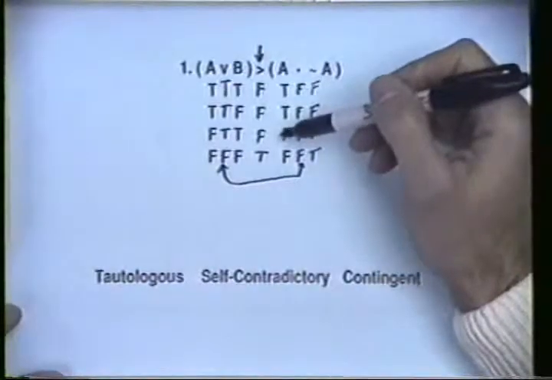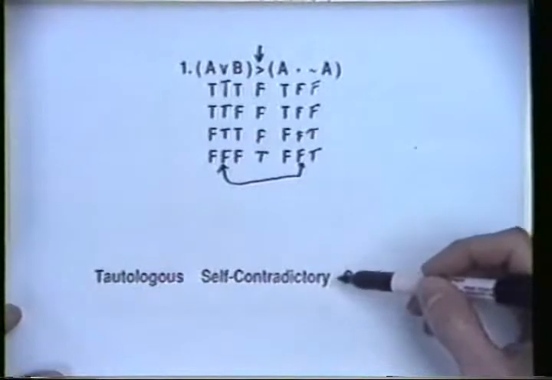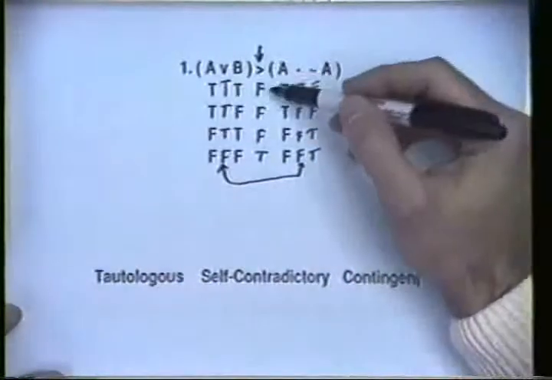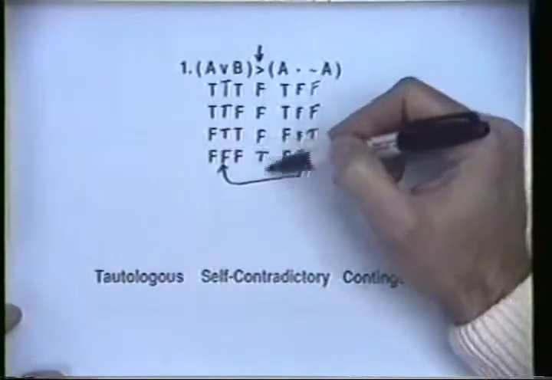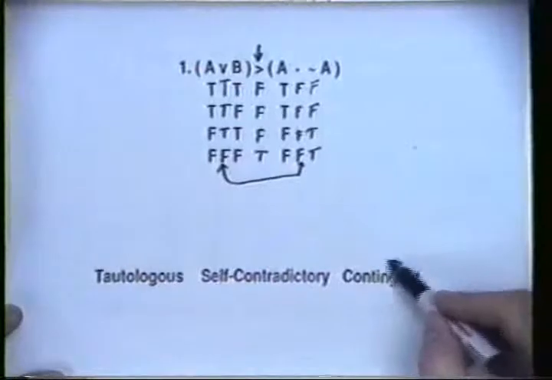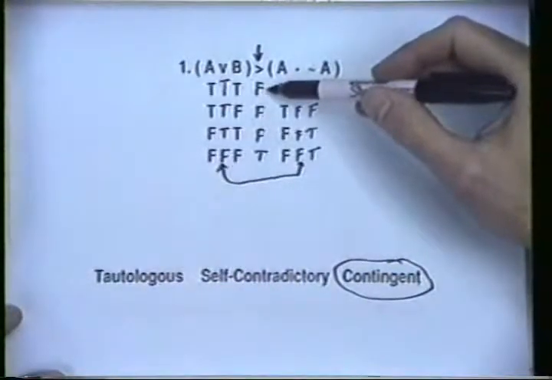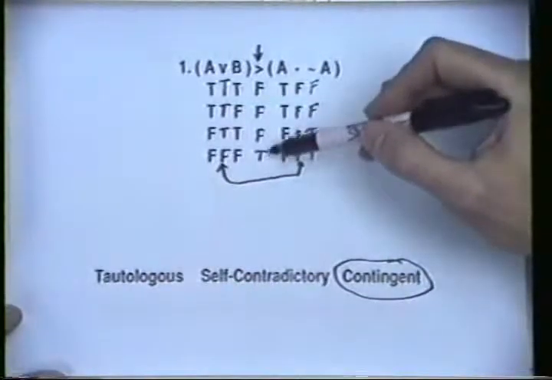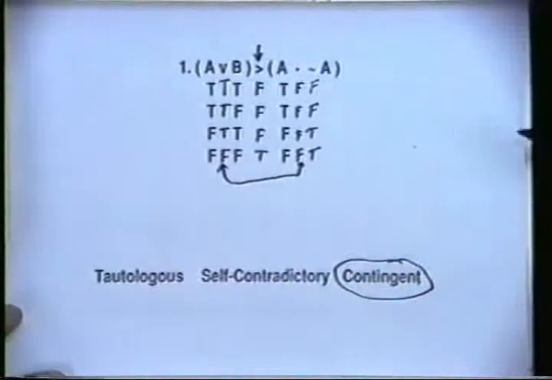Well, clearly we don't have that. Is the sentence self-contradictory? No, because to be self-contradictory, every row has to be false. And here we have this last true. A sentence is contingent just in case it has some true values and some false values under the main connective. That's our situation here, and so this sentence number 1 is contingent.